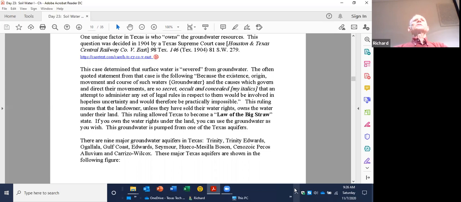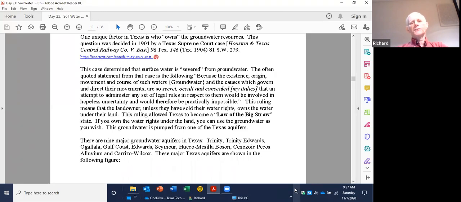Very important case. The surface water rules are based on that particular case. This ruling means the landowner, unless they've sold their water rights, owns the water under their land.